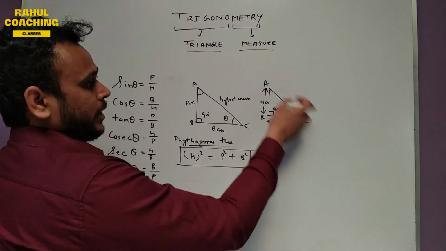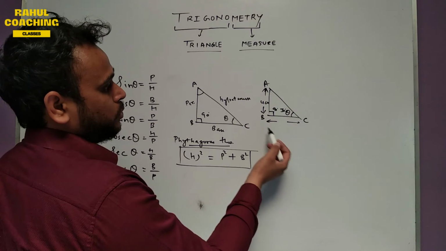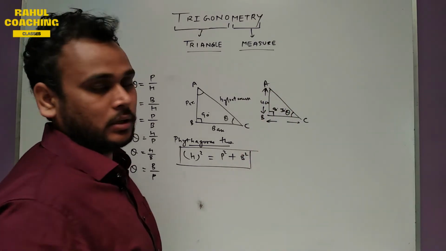So how can you find the value of BC? By using this side and this angle.